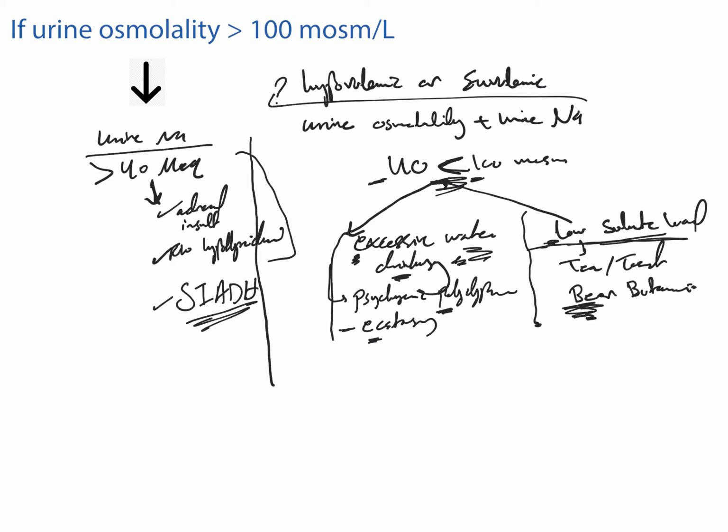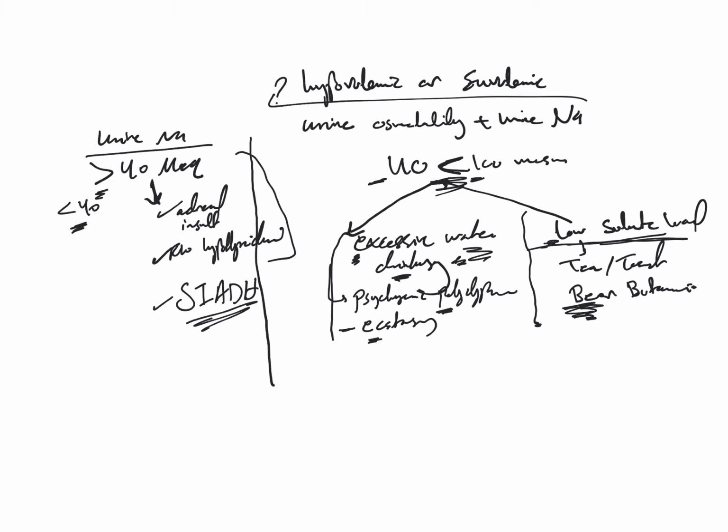Now, if the sodium of urine was less than 40, then most likely we're dealing with hypovolemic hyponatremia. And the trick here to confirm is to give normal saline, isotonic IV fluid, and recheck. If it's hypovolemia, usually the urine sodium will remain less than 40, but the urine osmolality will become less than 100. The urine will become diluted.